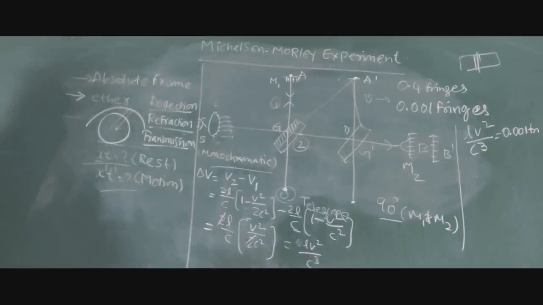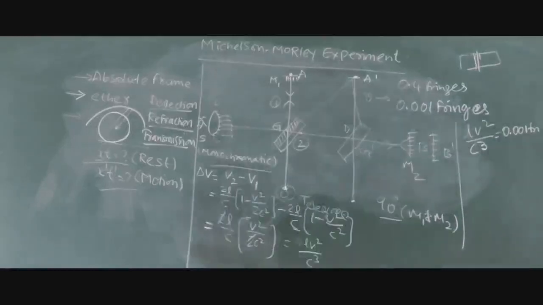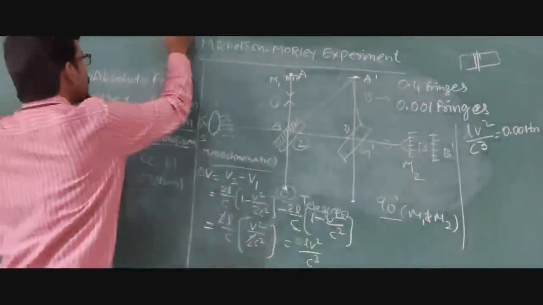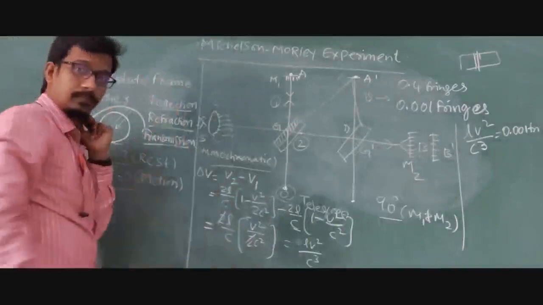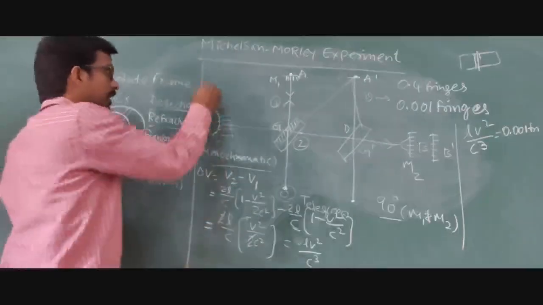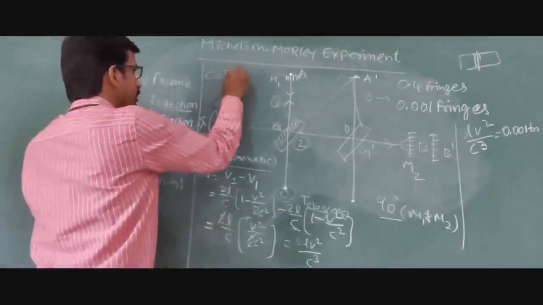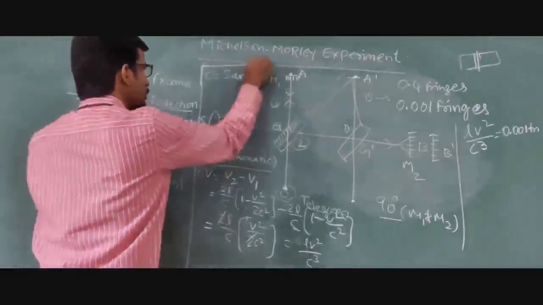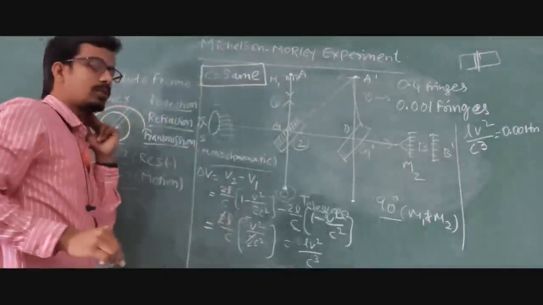This experiment led to the total rejection of the ether hypothesis. This suggests the speed of light is the same in all frames of reference. Please note down, last one I'm writing. C is the same.